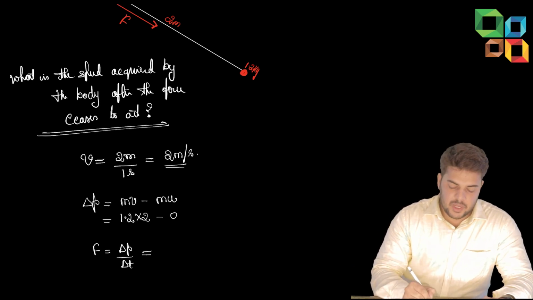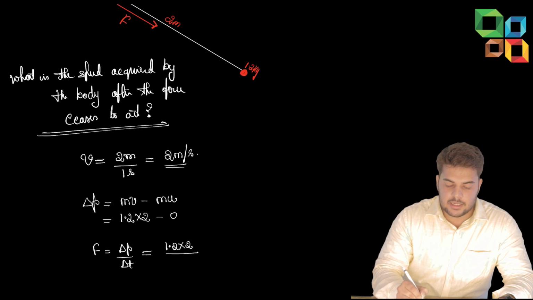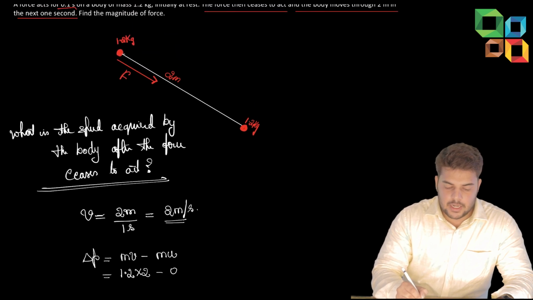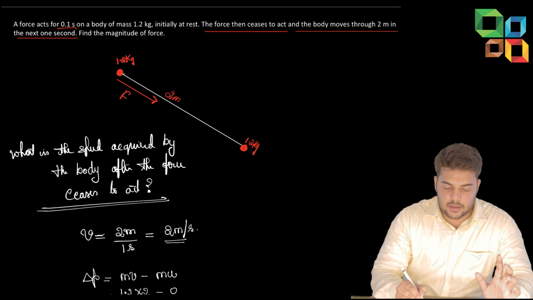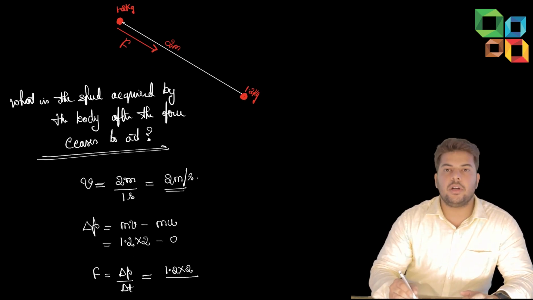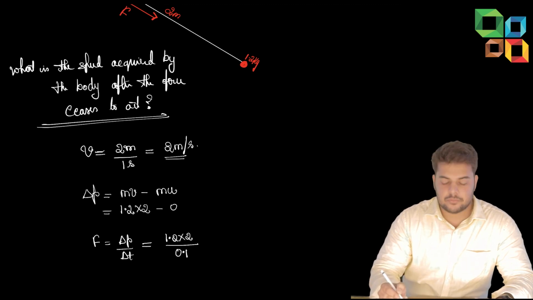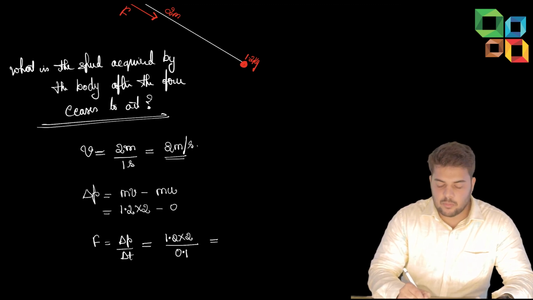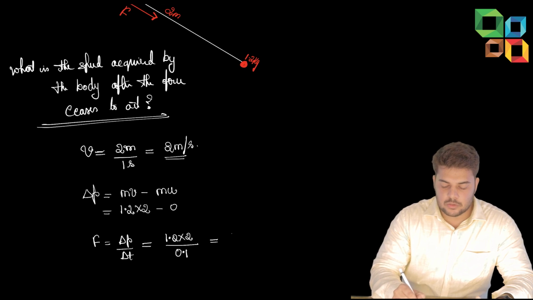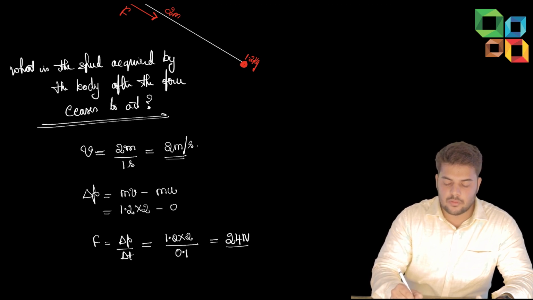So delta P by delta T, let me write this down. So delta P is 1.2 into 2 divided by delta T. So delta T, let me just go back. Delta T is 0.1 seconds. So let me write that down over here, 0.1 seconds. Yes, so 1.2 into 2, that is 2.4, divided by 0.1. So that would be 24 Newton of force.